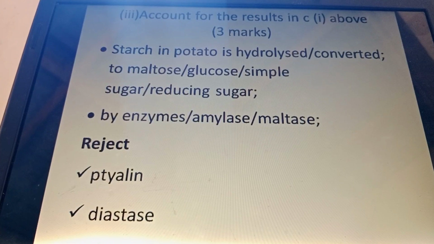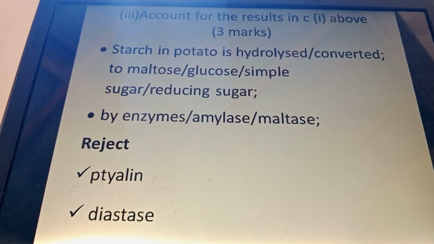Account for the result in C1 above. Starch in potato is converted to maltose or simple sugar, or reducing sugar, by enzymes, or by amylase, or by maltase.